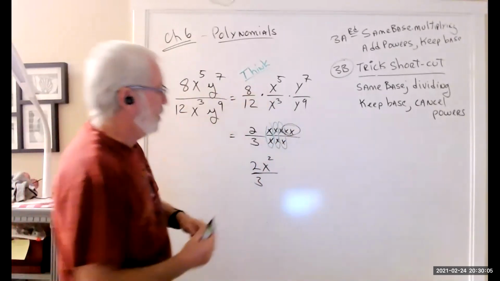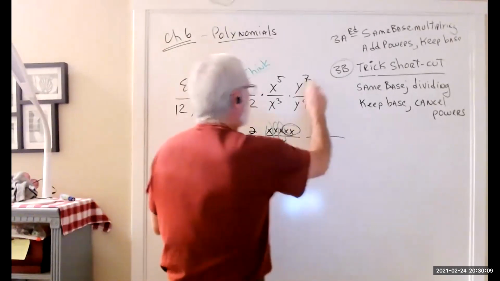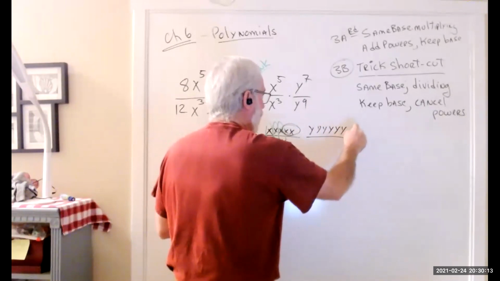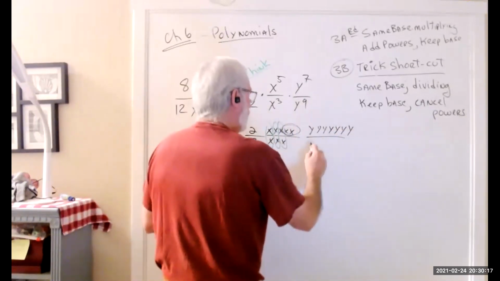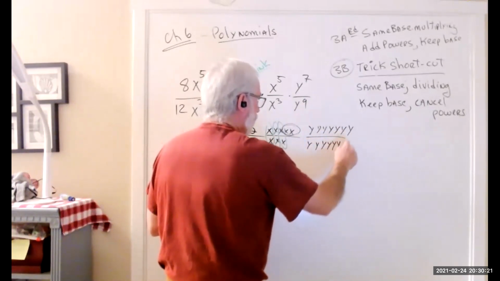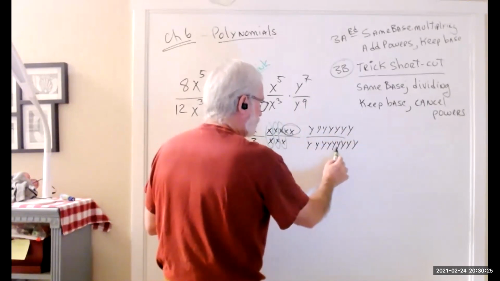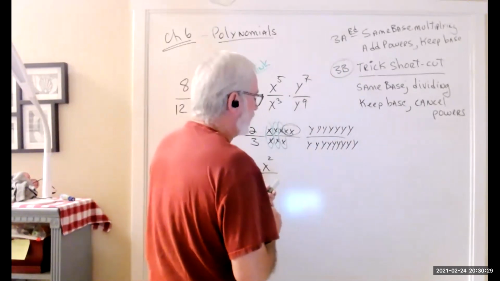What about your y's? Why did I pick such big numbers? That's y on top, 7 of them, and y on the bottom, how many is that? 1, 2, 3, 4, 5, 6, 7, 8, 9.